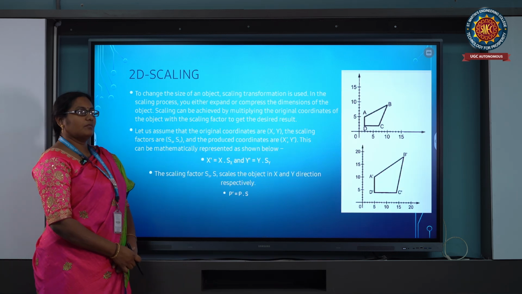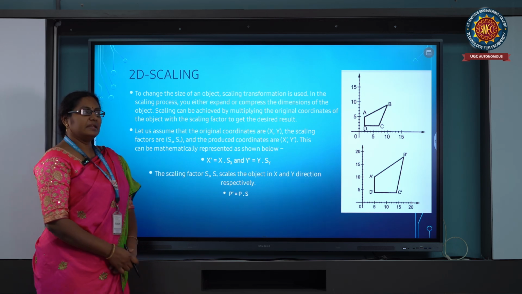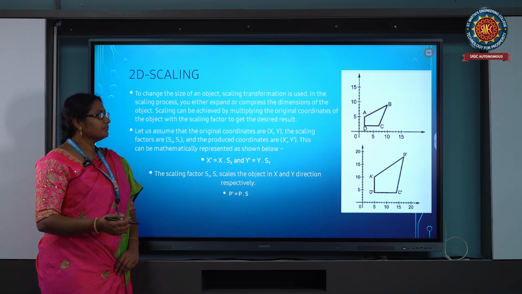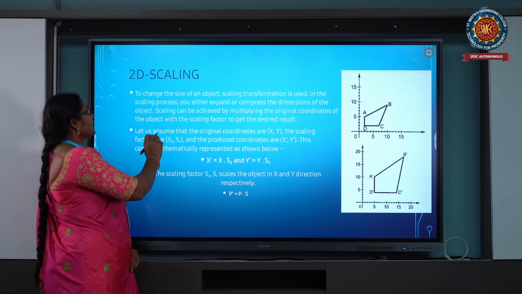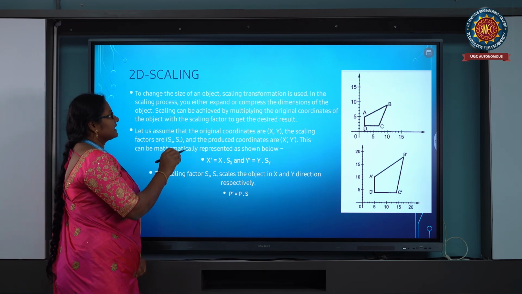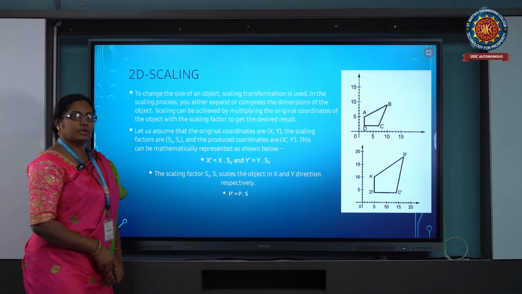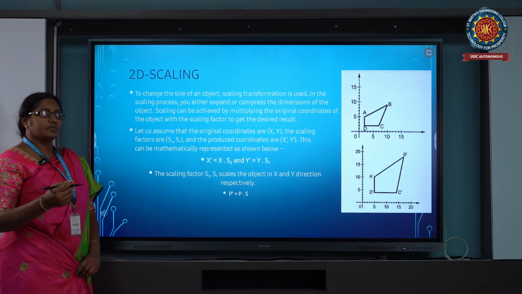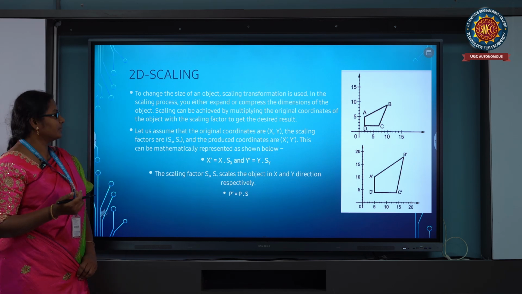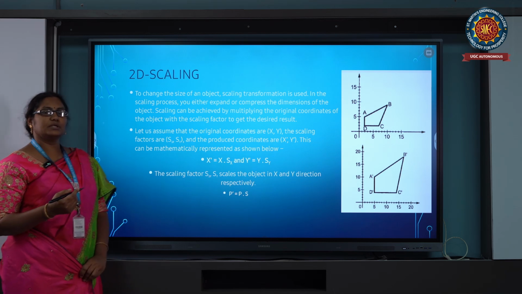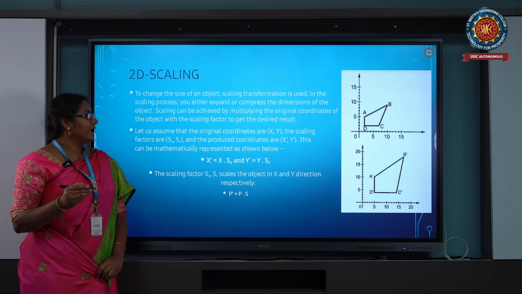Next, scaling. What is scaling? Scaling is changing the dimensions of the object. To change the size of an object, the scaling transformation is used. Here we are using two factors, sx and sy.